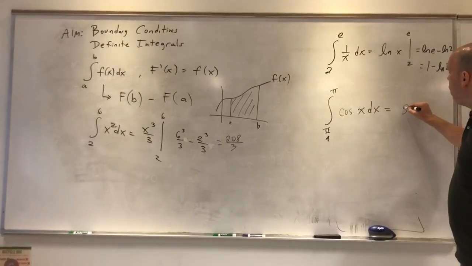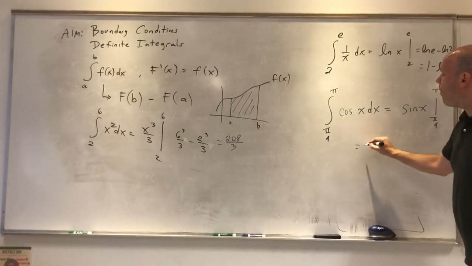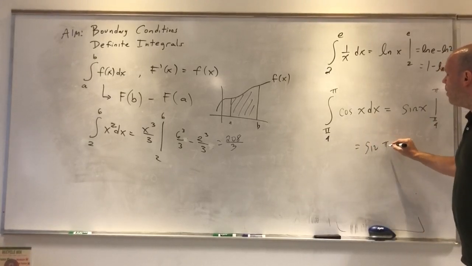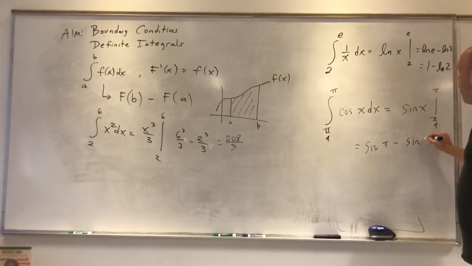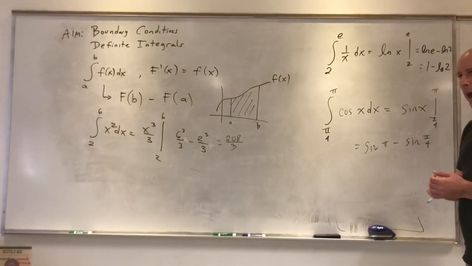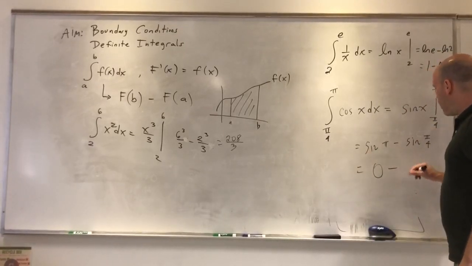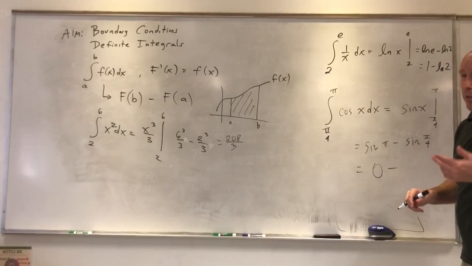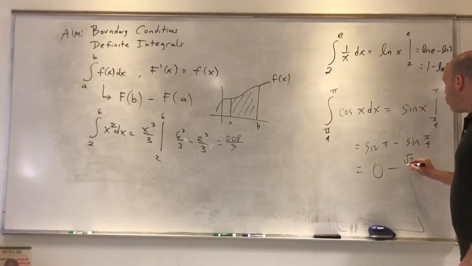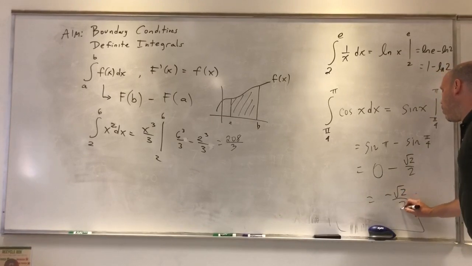It's sine of x from pi over 4 to pi. So we have sine of pi minus sine of pi over 4. What's the sine of pi? 0. What is the sine of pi over 4, 45 degrees? Radical 2 over 2. We get negative radical 2 over 2.